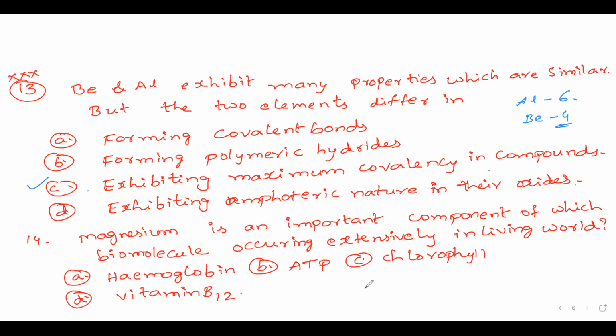The answer for this, we already know, is chlorophyll. So magnesium is present in chlorophyll. Very, very important question. Next question, question number 15. Let us start now.